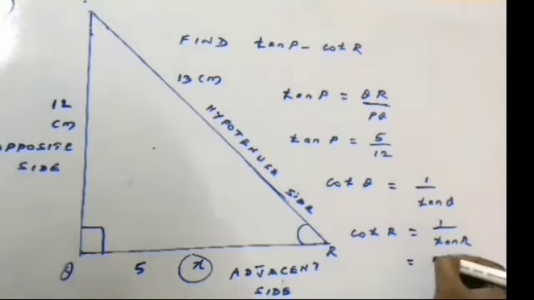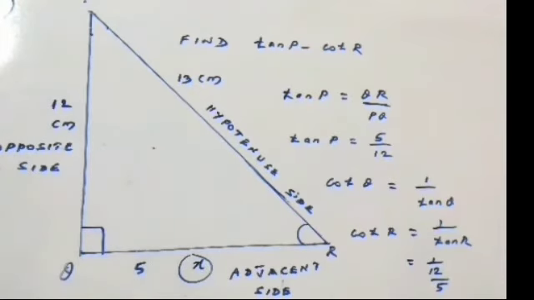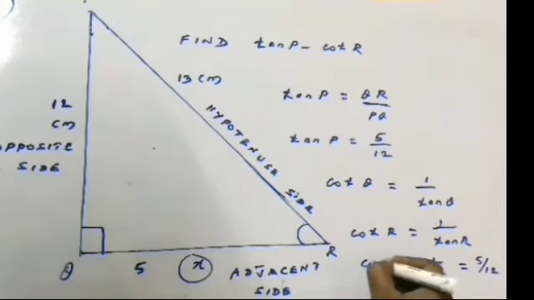So 1 by 12 by 5. Now the 5 comes to the numerator, so we get the value 5 by 12. It is the value of cot R.